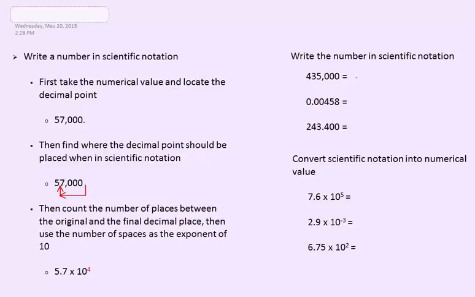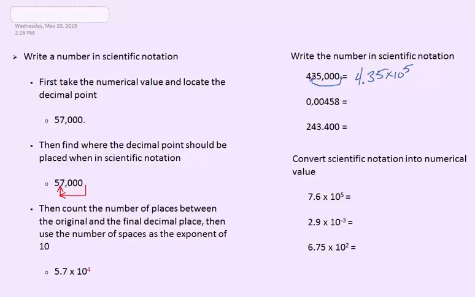Now let's apply this and convert numerical values into scientific notation. We see here that we have our decimal place at the end of the zero, and we're going to move it between the 4 and the 3. If we do so, it'll give us 4.35 times 10 to the fifth, since we have 5 places between the original and final place of our decimal.